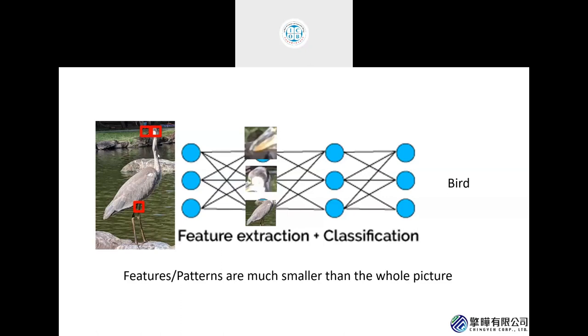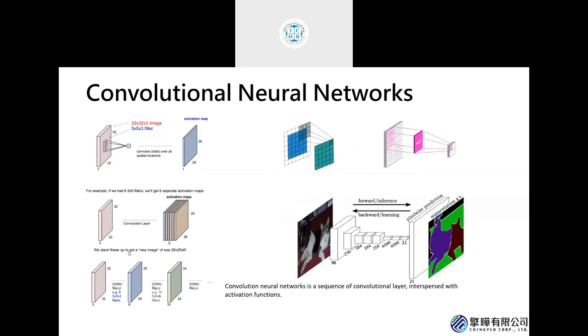So we could see that we have red rectangle areas with which we could identify the picture. Using this kind of idea, the convolutional neural network convolves some pixels of your image.